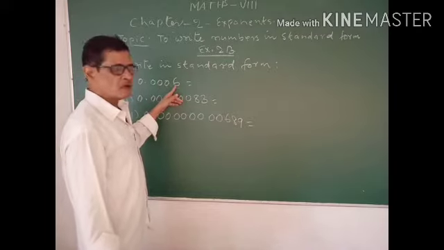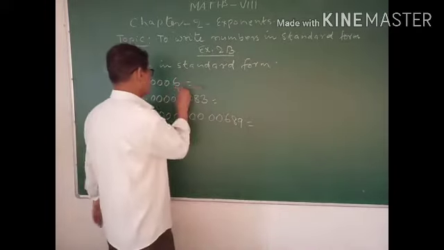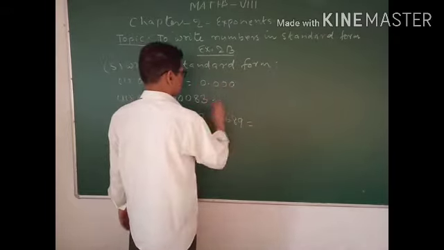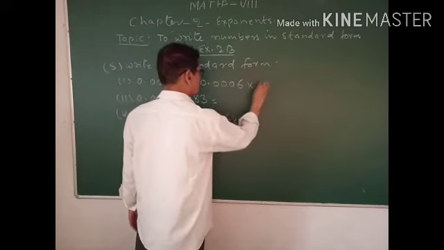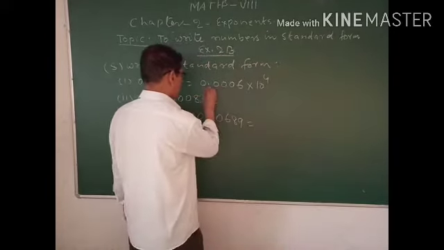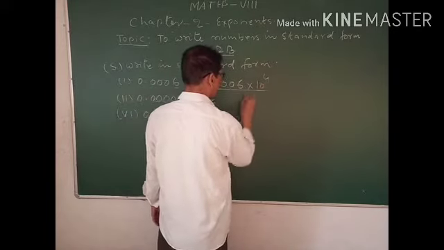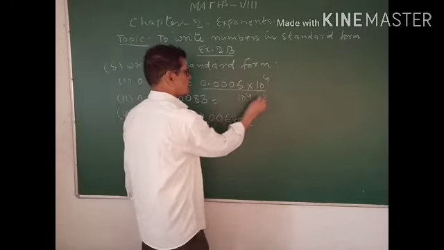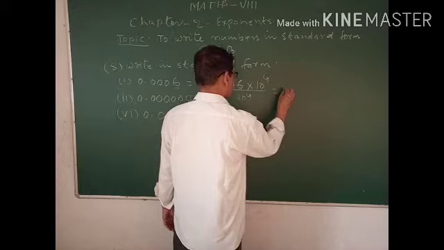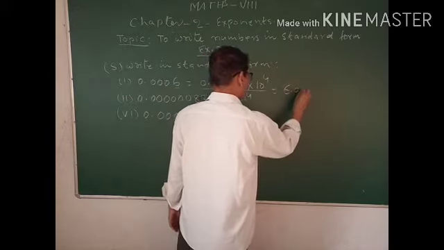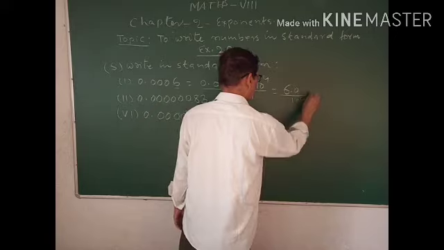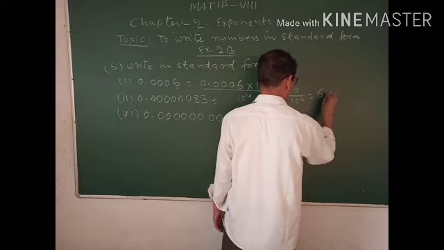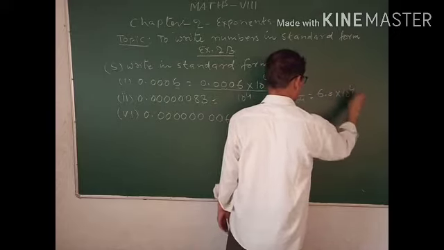If you multiply it into 10 to the power 4, and to neutralize 10 to the power 4, we also divide it. Then decimal will come here, and this you can write here 6.0 by 10 to the power 4. Automatically this will go into 10 to the power 4.